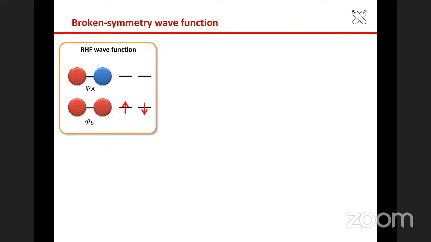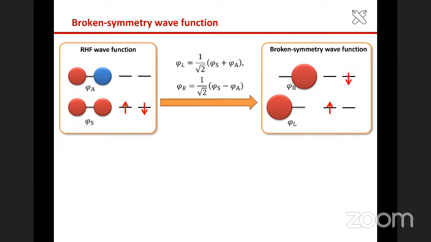The conventional wave function is something like this, but in order to calculate the diradical character, we perform the Hartree-Fock calculation using this broken symmetry wave function, using local orbitals, one spin on the left-hand side and another spin on the right-hand side.